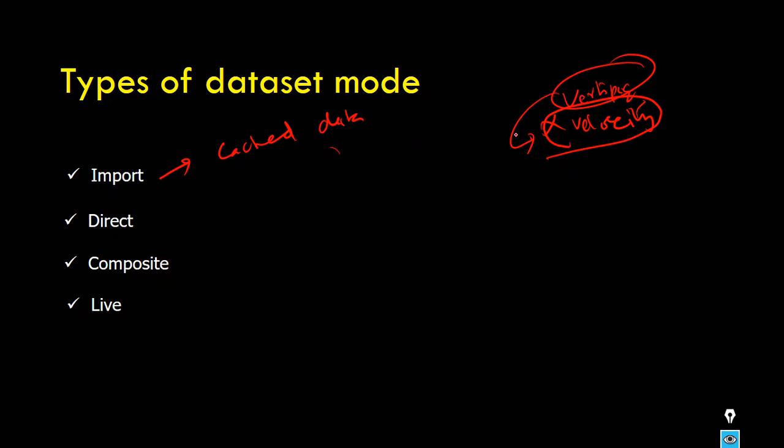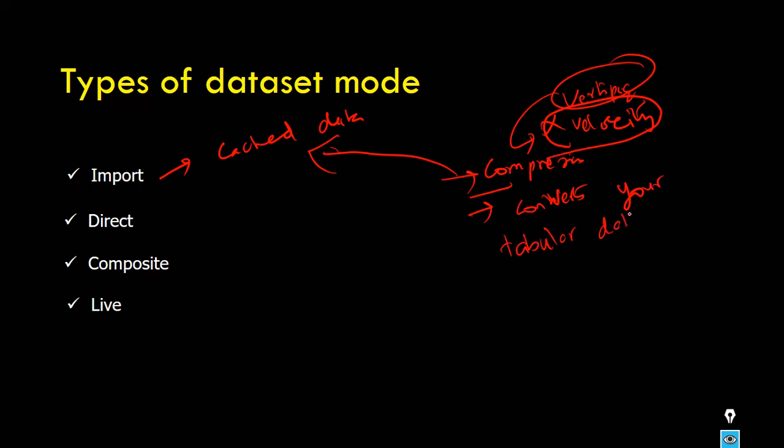But before caching the data in memory, it does the compression, kind of zipping the data, and then it loads the data into cache. But before doing the compression, it converts your tabular data into columnar data.